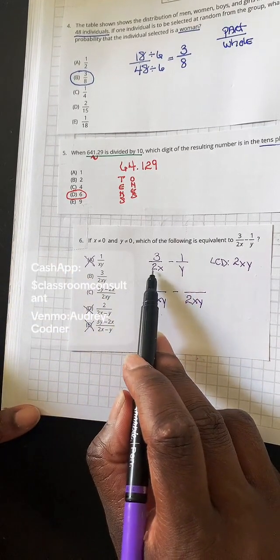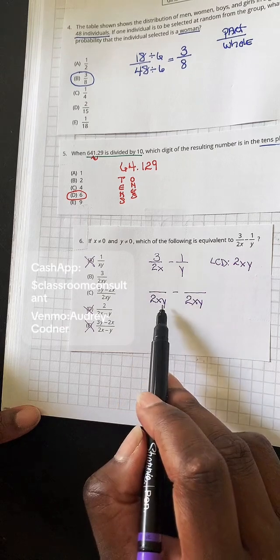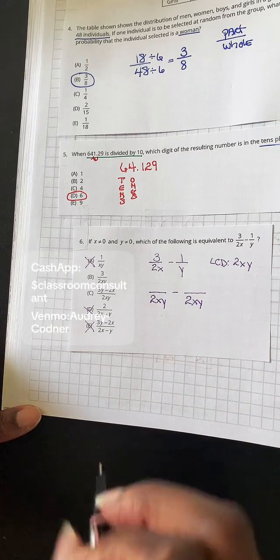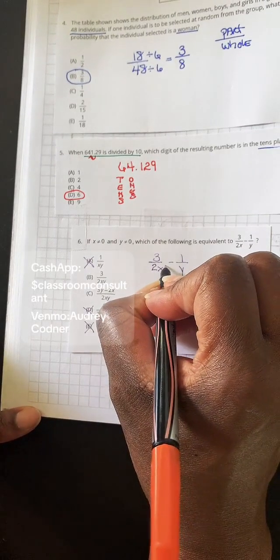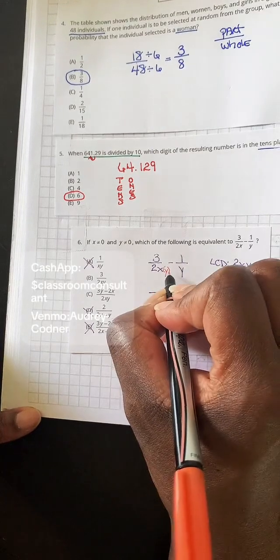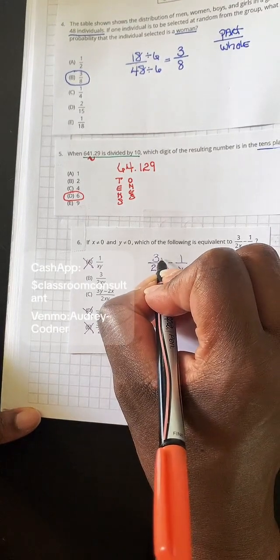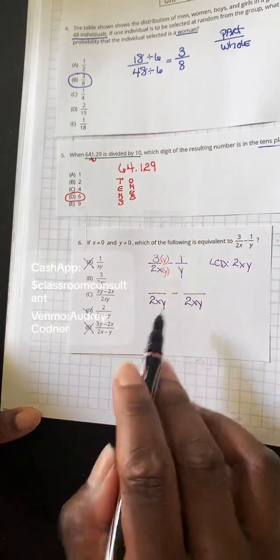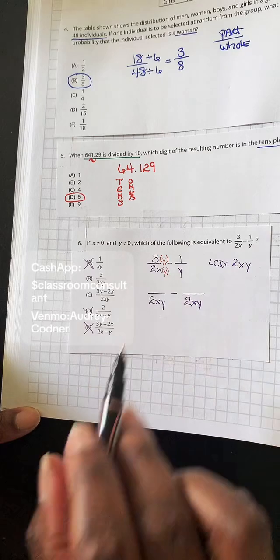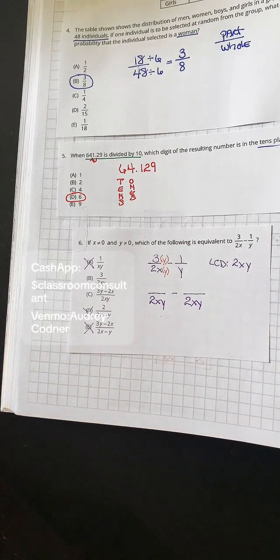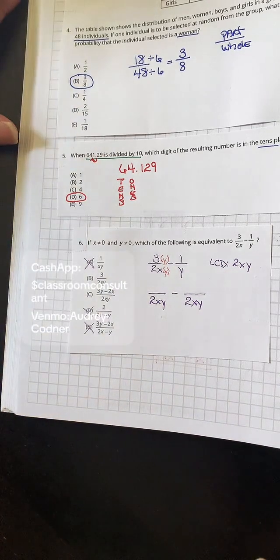But in order for me to change that 2x to a 2xy, I had to multiply this by y. But whatever I do in the denominator, I have to do in the numerator. So I'm going to multiply the numerator, the 3, by y. Whatever actions happen in the denominator, the same things happen in the numerator.